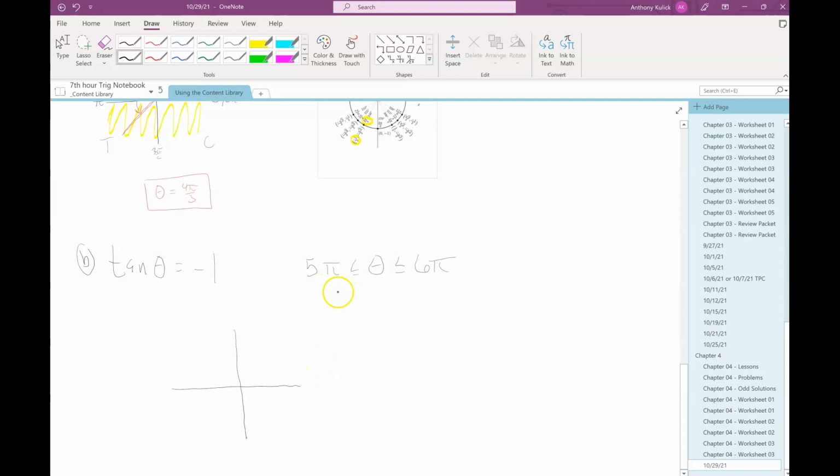Okay. So I'm going to start by figuring out where on my unit circle 5 pi to 6 pi is. So 0, 1 pi, 2 pi, 3 pi, 4 pi, 5 pi. So starting here and going to 6 pi.